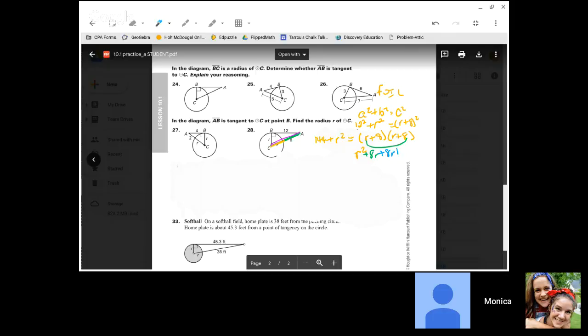Okay, good job. Now, do you know how to solve it from there? Okay. And then 29 is going to be handled the same way. You just look at what your C is and plug into the same format we used for this one.